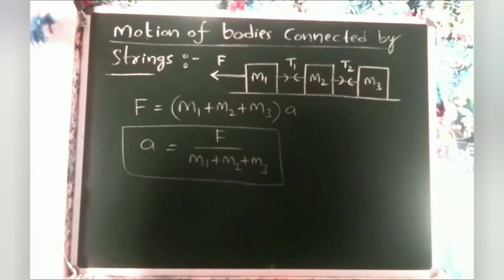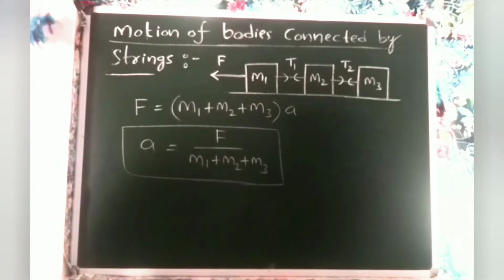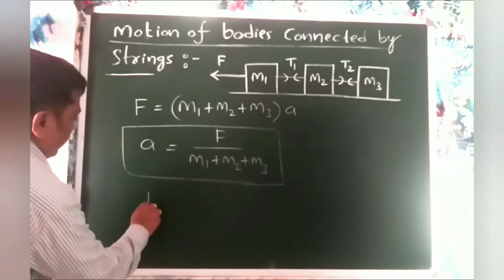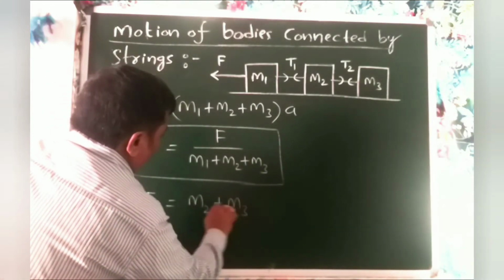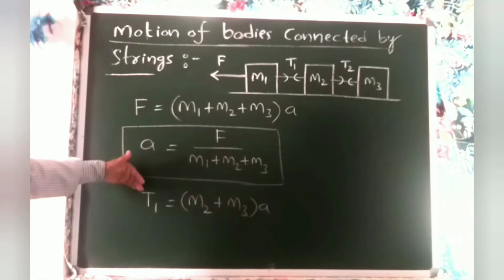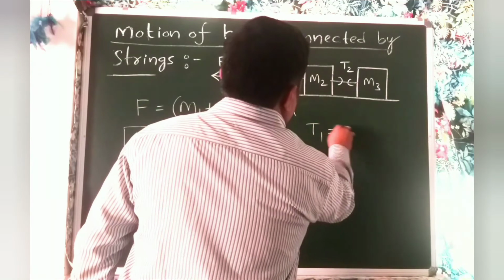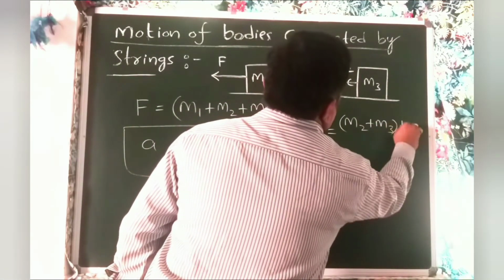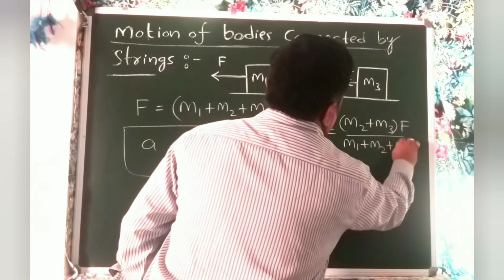Next, we write the expressions for tension T1 and tension T2. Already we got tension T1 equal to (M2 plus M3) into A. Substituting the value of acceleration in T1, T1 is equal to (M2 plus M3) into F divided by (M1 plus M2 plus M3).